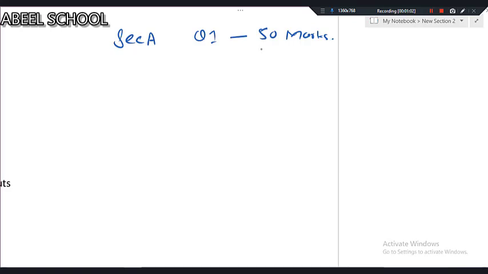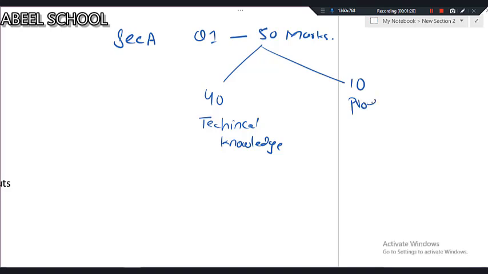Basically, out of this 50 marks, 40 marks will be technical, depending on your technical knowledge, and you will get 10 professional marks. So number 1 division: Section A, question 1, 50 marks, but out of that 50, 40 marks will be on technical knowledge and 10 will be professional marks.